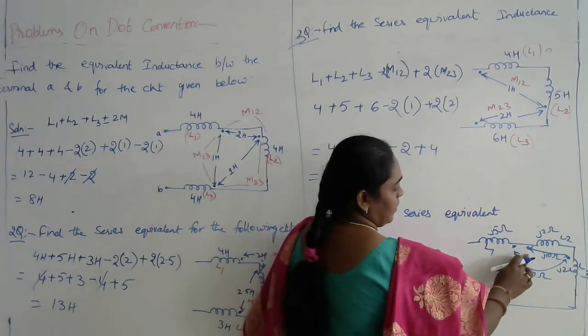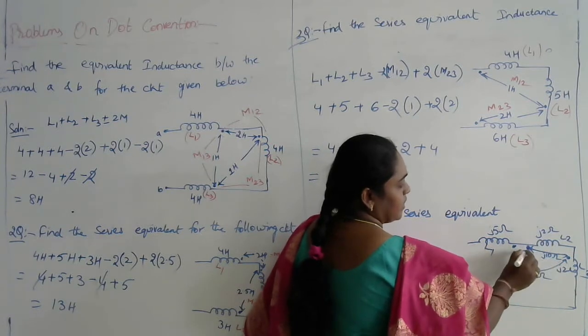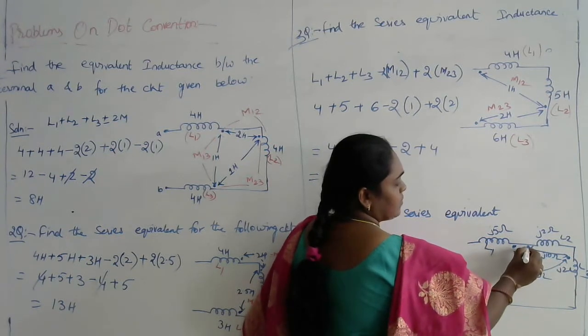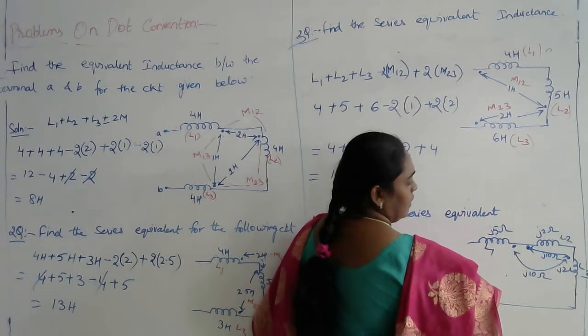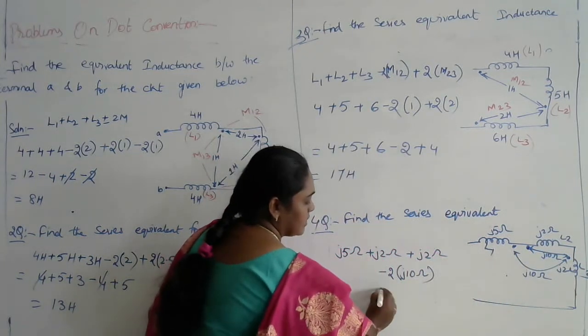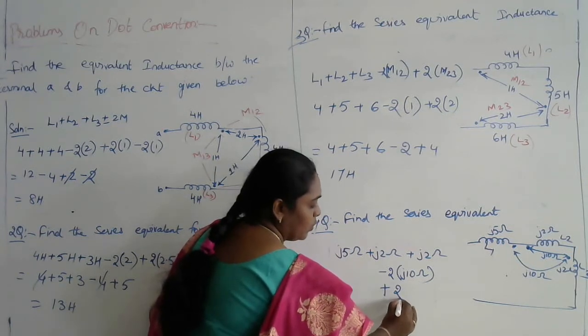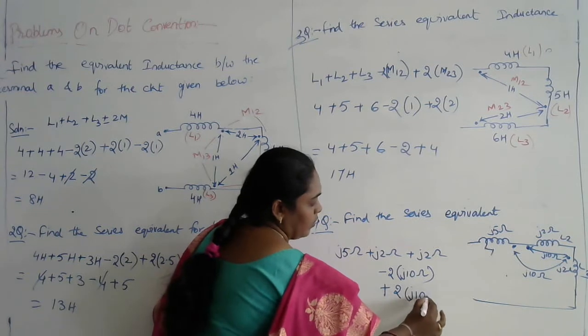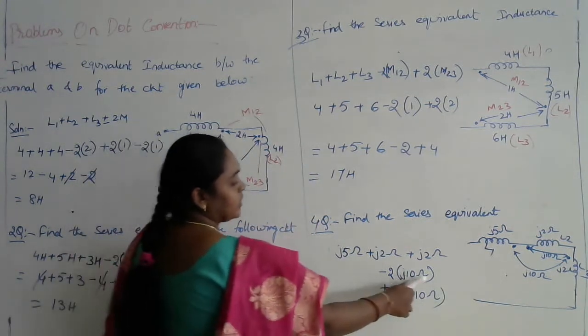Coming to the second one, as it is related to the second coil, the current is flowing from dot to coil and here also it is flowing from dot to coil. As both are flowing in the same direction, the mutual inductance is positive, so 2 into j10 ohms. Both mutual inductance values are the same, j10 ohms.